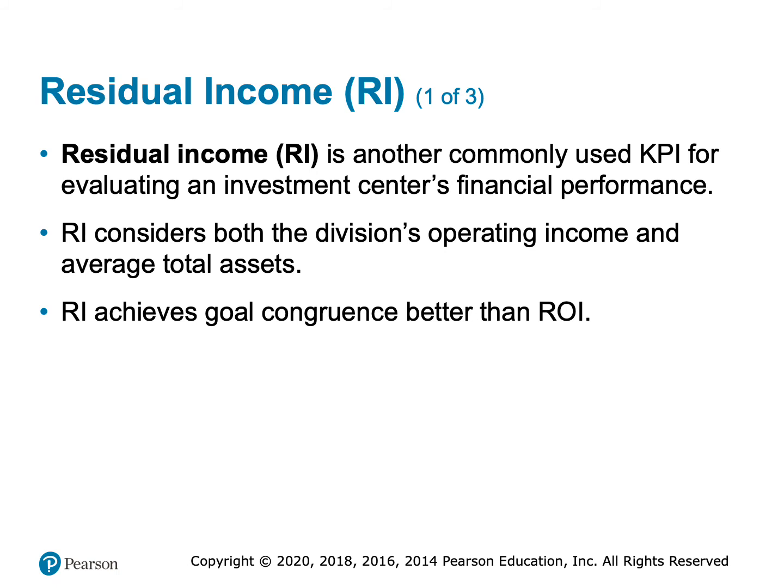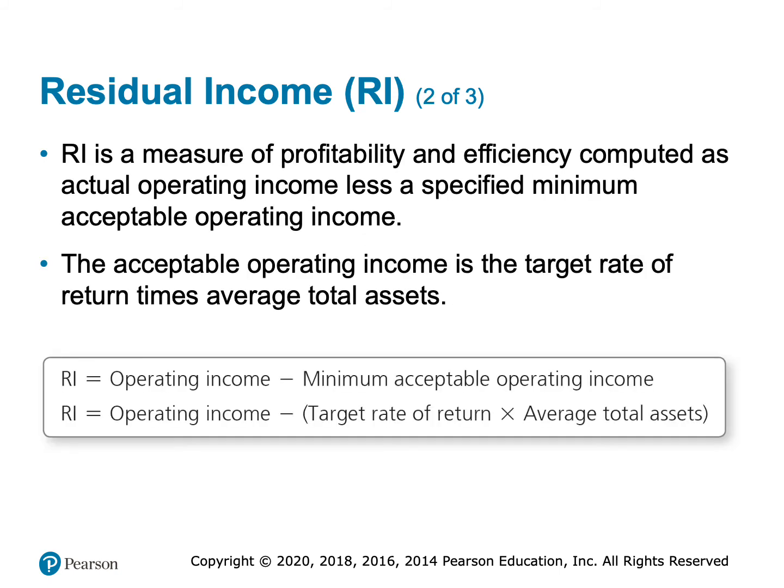Okay, so our residual income is better at goal congruence because it can take into account these factors. So we're looking at a measure of what we call profitability and efficiency. Our residual income is our operating income minus what we determine to be our minimum acceptable operating income.